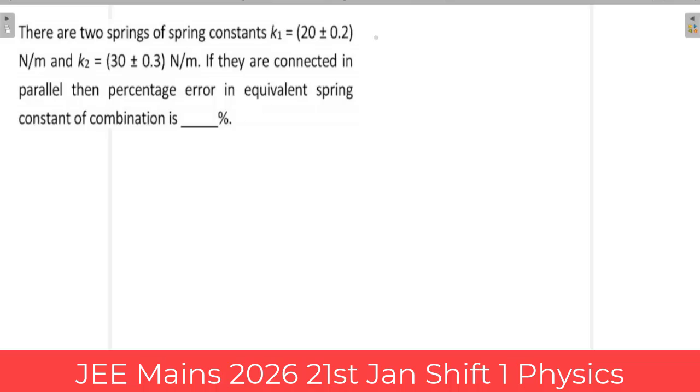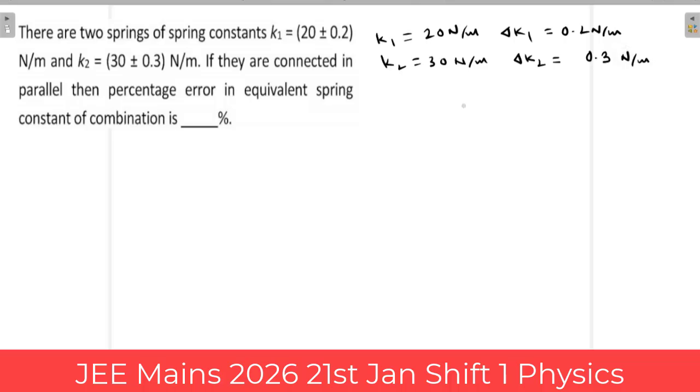So here K1 is 20 Newton per meter and its error delta K1 is 0.2 Newton per meter, and the value of K2 is 30 Newton per meter and the error delta K2 is 0.3 Newton per meter.